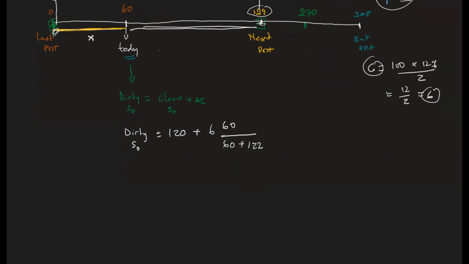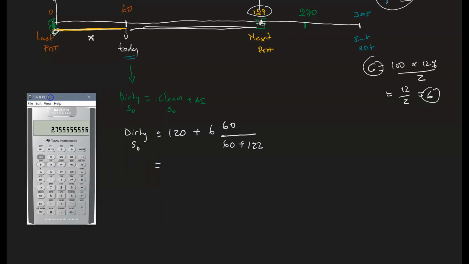That is the price of the bond that the long party or the short party of this deal would have to pay. If somebody were to purchase the bond today, that's how much that person would pay for the bond today. So let's pull up our financial calculator and do just that. It's going to be 60 plus 122 equals 182.